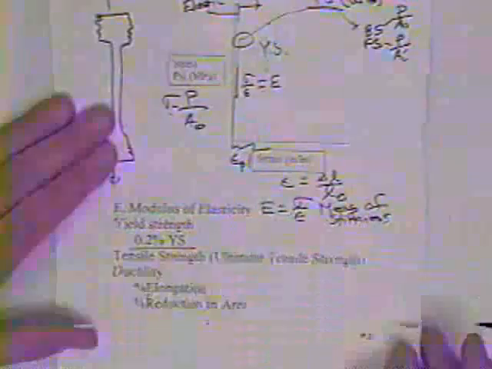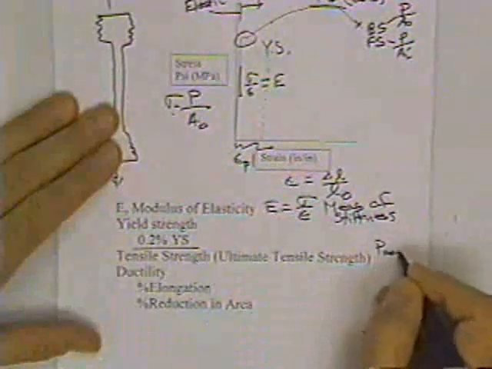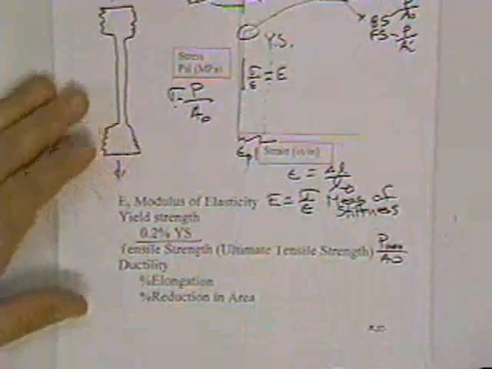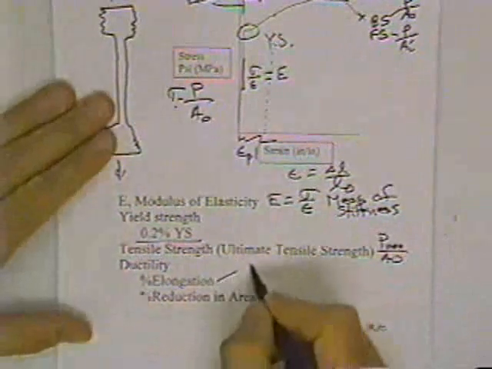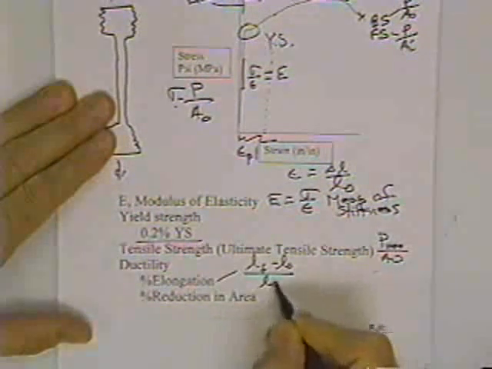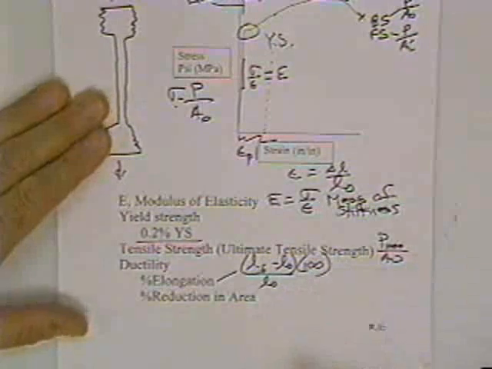We can also talk about the ultimate tensile strength or the tensile strength. The ultimate tensile strength is defined as P max over A0. And ductility, there's really two ways of talking about ductility. One's the change in length, and that's the final length minus the original length over the original length or gauge length times 100.